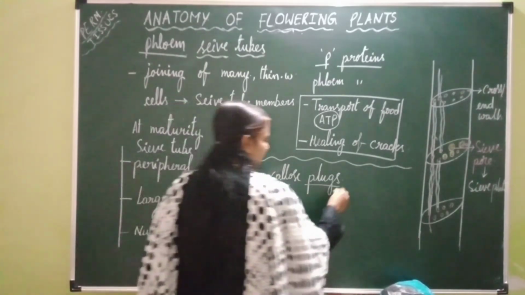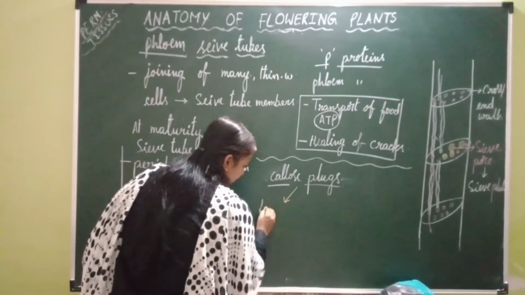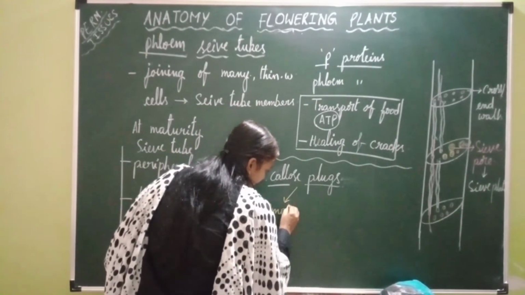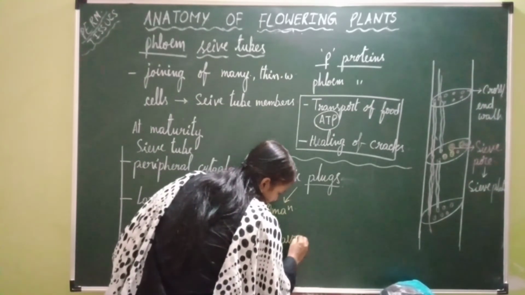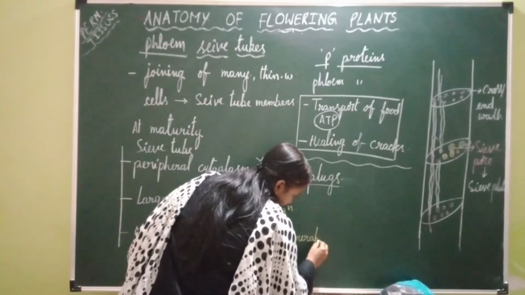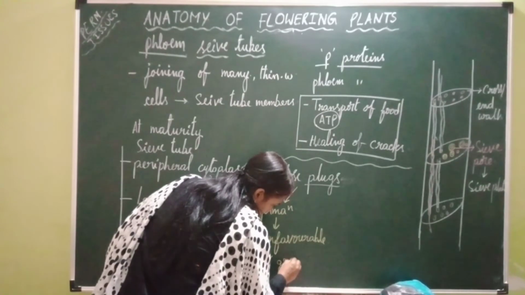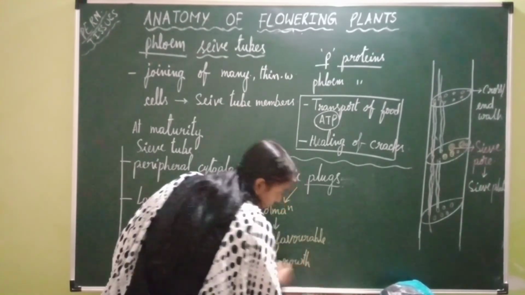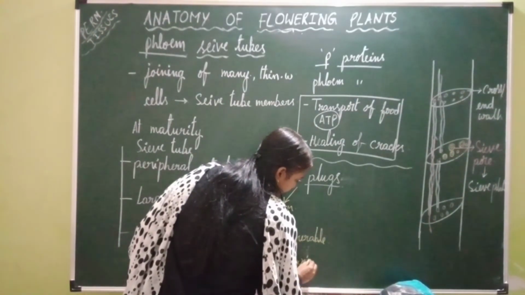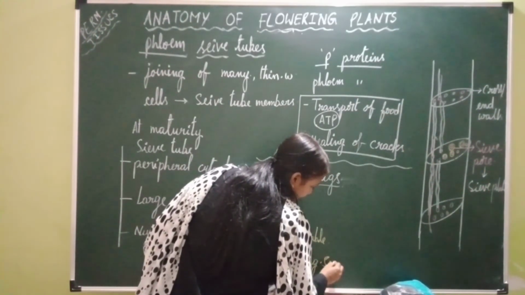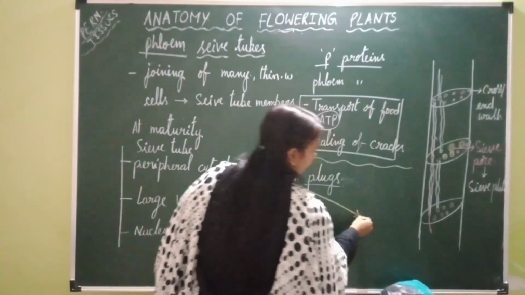Okay, so formation of callose plugs is taking place during unfavorable conditions. Unfavorable conditions are nothing but the late growing season, when the growth of plant is not taking place, when there is no formation of new leaves. Okay, this is about unfavorable conditions.